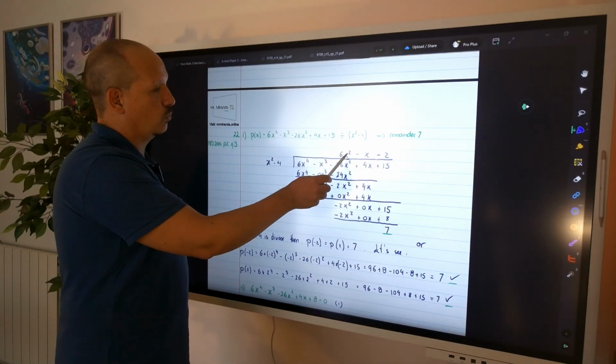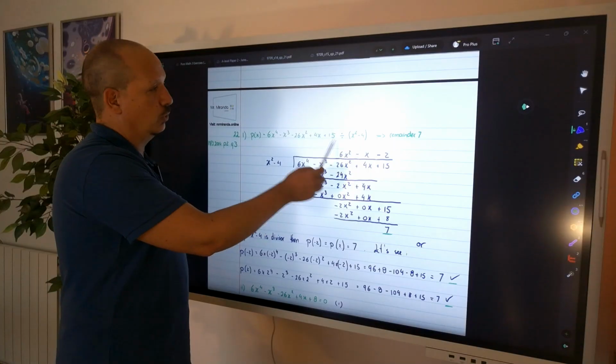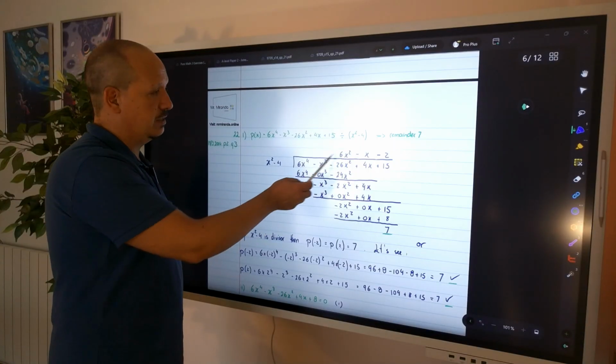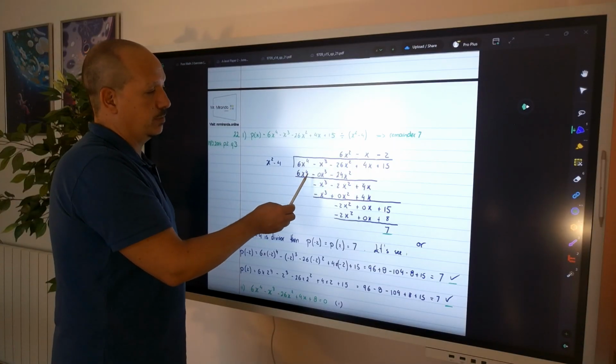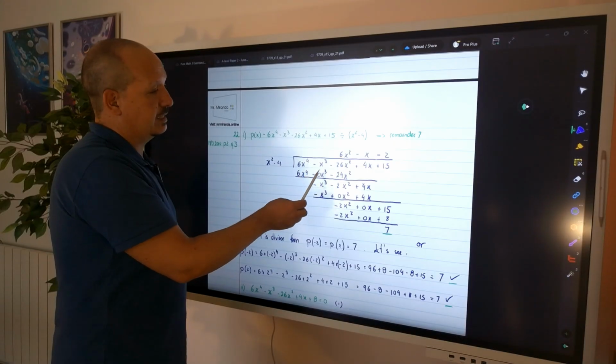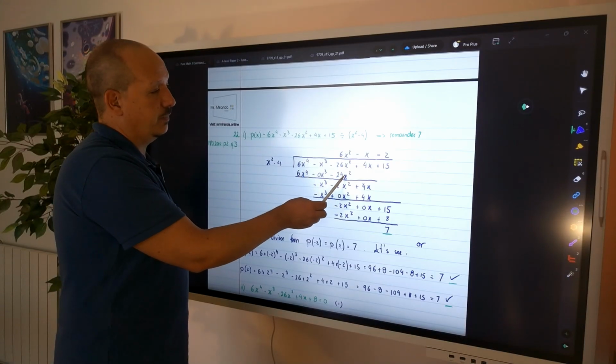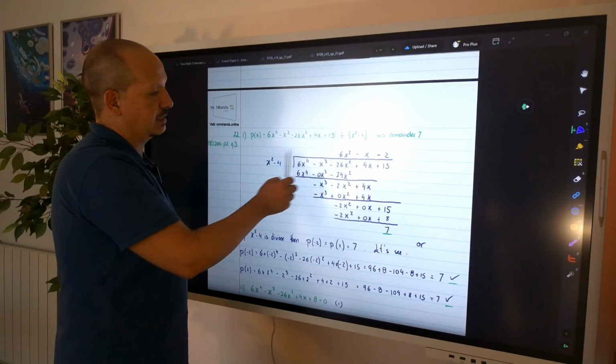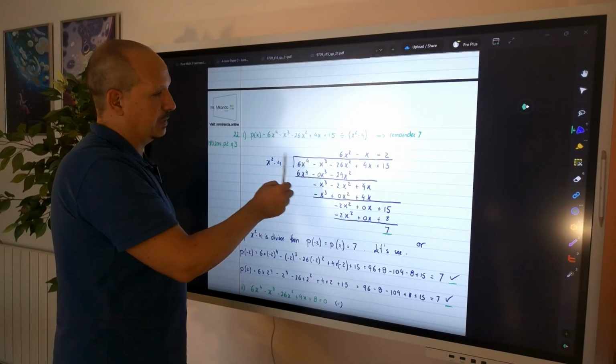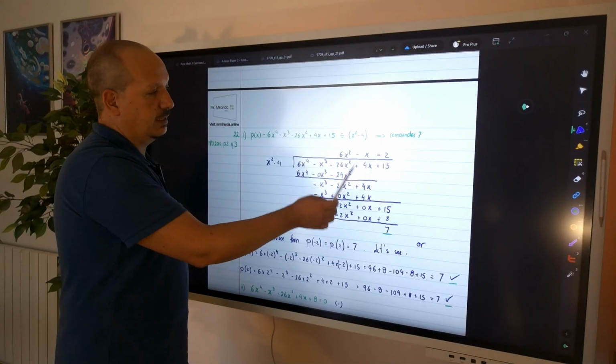So 6x squared, now that you have written it, you multiply it by the whole divisor, and you get 6x to the power of 4 minus 24x squared, right? 6 times minus 4 is minus 24, x squared, that's what you write there.